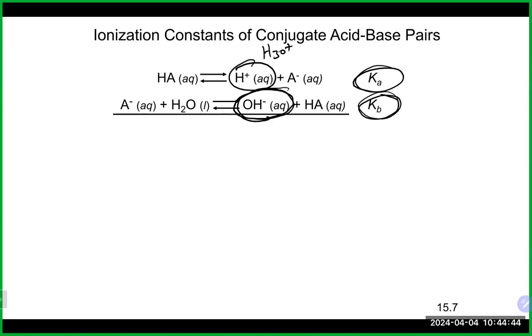There are specific problems where, frankly, they give you the wrong K value, and you do need to get to the right K value. And again, that's why writing these equations is really important, so that when you look at it, you know, oh, I should be using a Ka value or a Kb value here. If we take both of these things together and add these reactions together, we get the overall reaction that's happening here: we basically make water, which has its own K value, as we know, which is Kw, and that is that 1 times 10 to the minus 14.